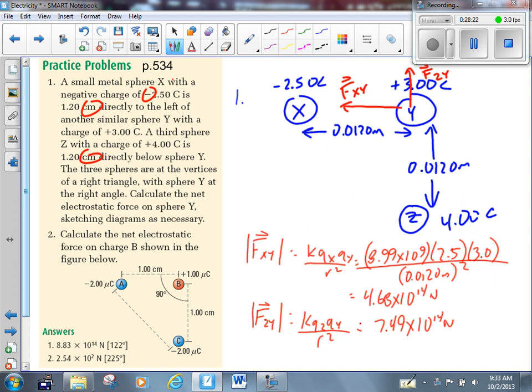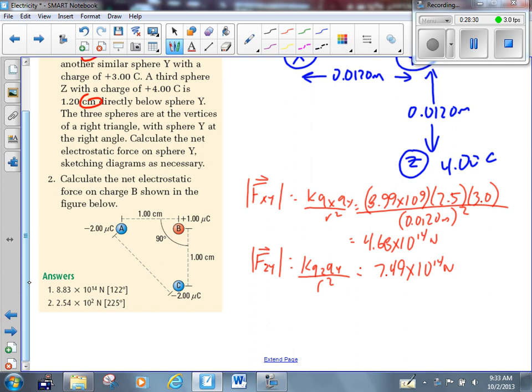Well, we do add them up, but we have to add them up according to the rules of vector addition, which says that Fxy is to the left, Fzy is up, and the resultant vector, the force that we're trying to find here, is the hypotenuse.